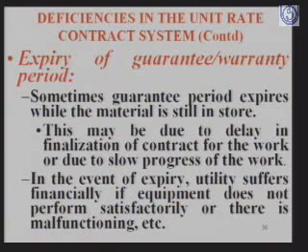The utility suffers financially, because if the equipment does not perform satisfactorily, or there is a malfunction when it is erected, they cannot take it up with the supplier because the guarantee and warranty period has already expired. That is the second drawback of the contract system.